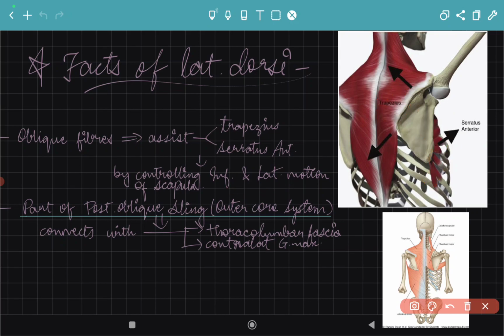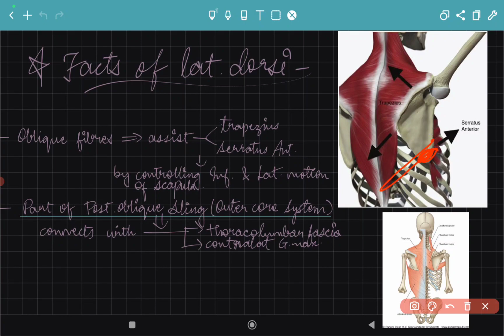As we know, latissimus dorsi crosses the inferior angle of scapula and inserts to the floor of intertubercular sulcus. So it has attachment over the inferior angle of scapula, that is over the scapula.